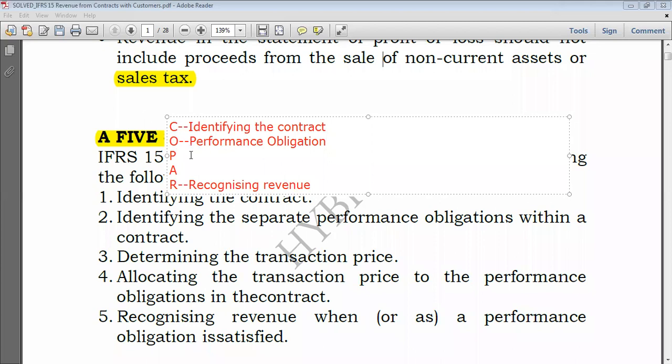So there could be more than one obligation. Let's say you have to deliver a computer, but you're also offering services in case the computer malfunctions. You can just go there and rectify it. So you can have more than one performance obligation. The main point of the standard is you recognize revenue as or when you satisfy your performance obligation.